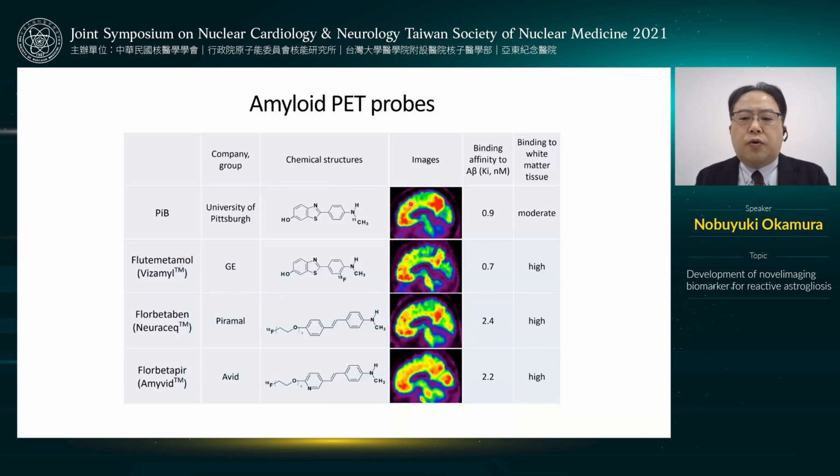The overall quality of PET images is similar for all these tracers, although the F18-labeled tracers tend to show slower kinetics and greater binding to subcortical white matter than C11-labeled PiB.